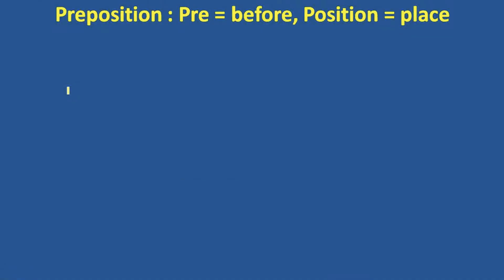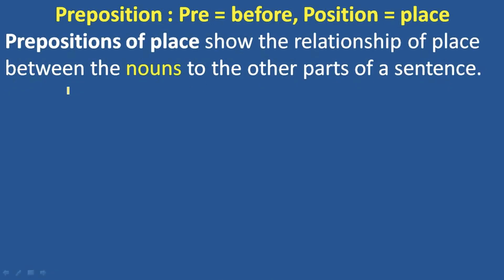Now, the definition of preposition. If we segregate or divide the word preposition, we find two words: pre and position. Pre means before, position means place. Now, the question is where it takes place, where it stays.